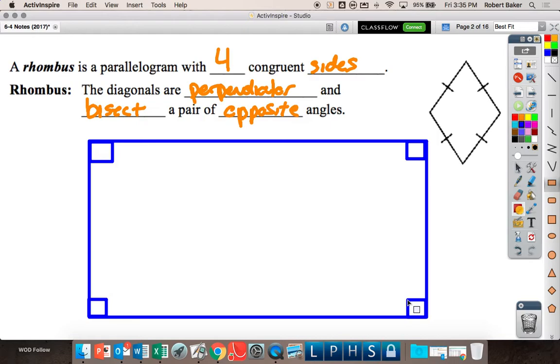So a rectangle is a parallelogram, which means it has all parallelogram properties. Opposite angles are congruent, consecutive angles are supplementary, both opposite sides are congruent, both opposite sides are parallel, and diagonals bisect. Is it still considered a trapezoid?